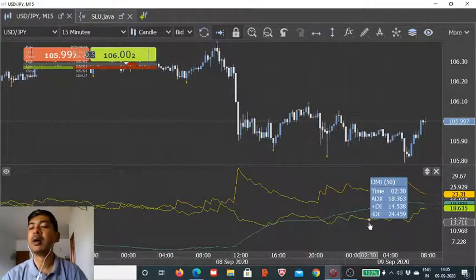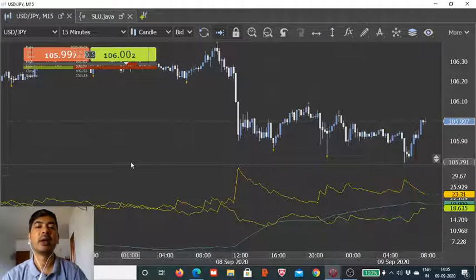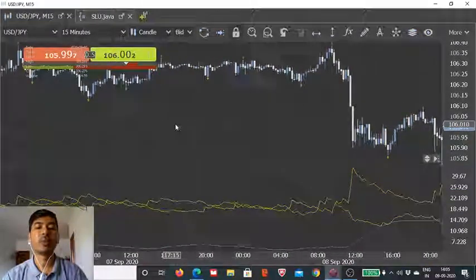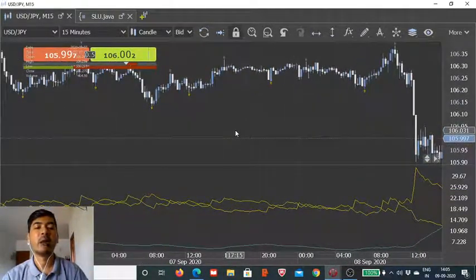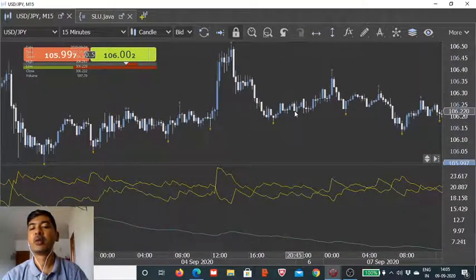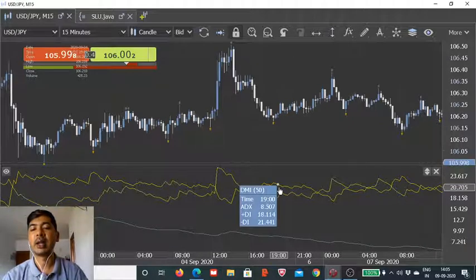We should generally speaking trade only when the DI plus or DI minus value is above 25, and when none of the two values are above 25, that means the price action is rather range bound and there is no strong trend present in the instrument, and because of that it will be better to simply sit on the sidelines rather than getting involved in such a choppy environment.